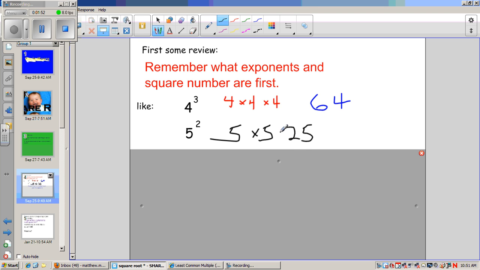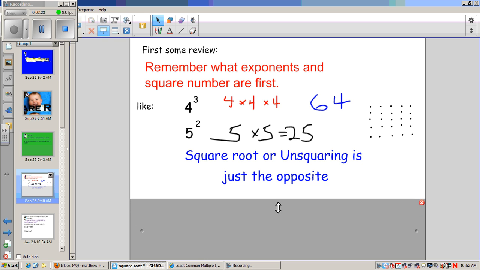If you remember in the last lesson, we call this squared because if we made an array, it would be 5 by 5, which makes a square. So instead of saying 5 to the second power or 5 to the 2, we say 5 squared because when the number is the same, when it's just the two numbers, 5 by 5, it creates a square.